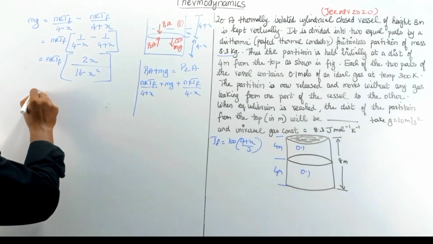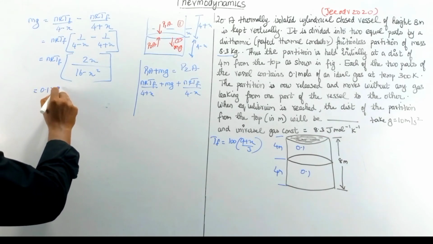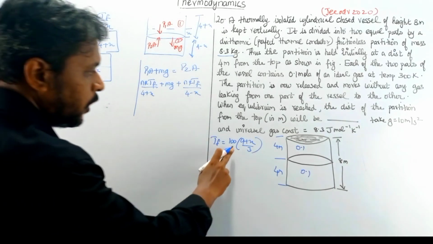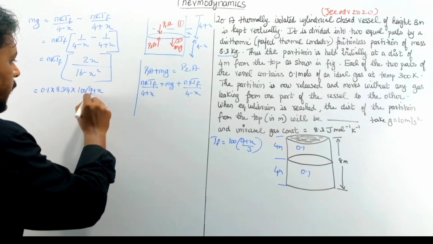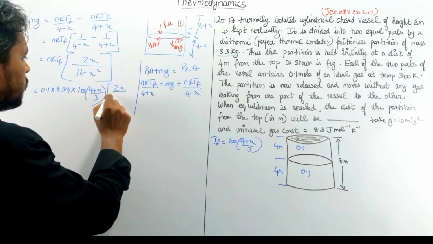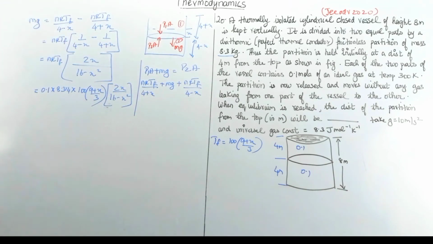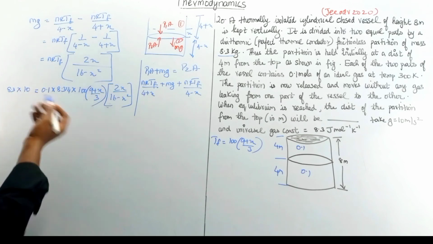Now here n is 0.1 and you know the value of R is 8.314. You know the value of TF, we already found it as 100.9 plus x by 3 into, we have the final equation 2x by 16 minus x square. On the right hand side we have mass m, and g is 10.